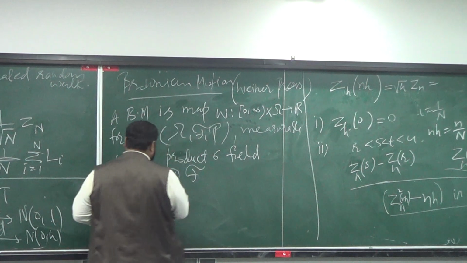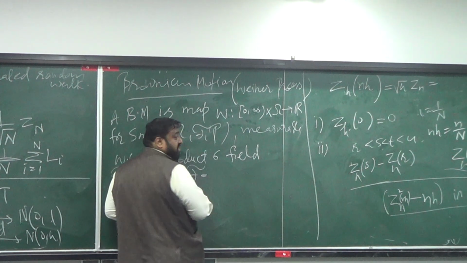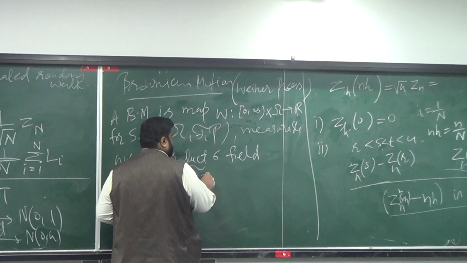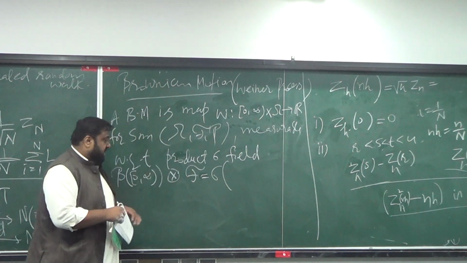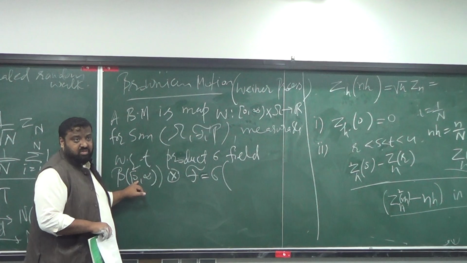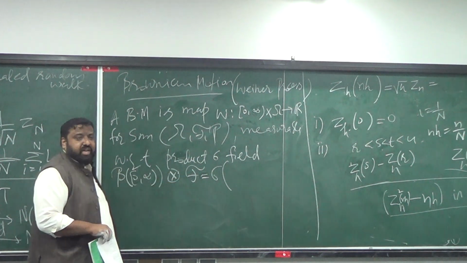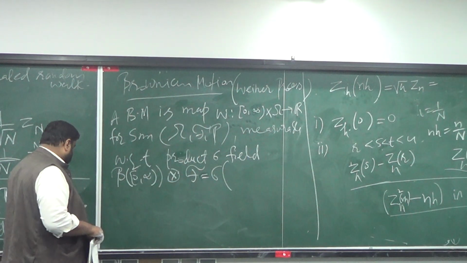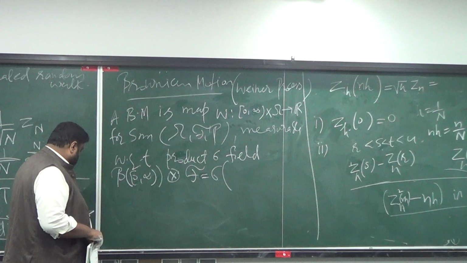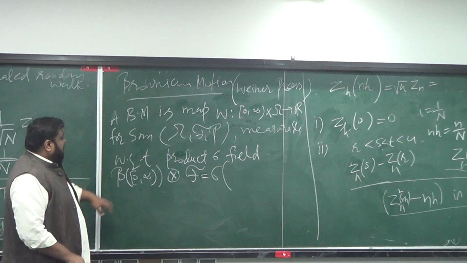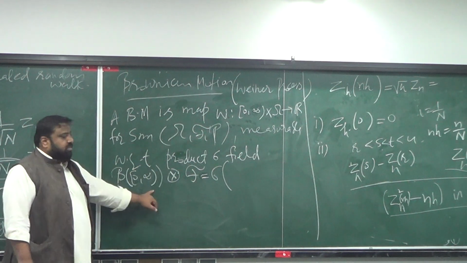And you can recall that it's a sigma field roughly generated by the rectangles from the Borel sigma algebra and F. So it's measurable with respect to the product sigma field.